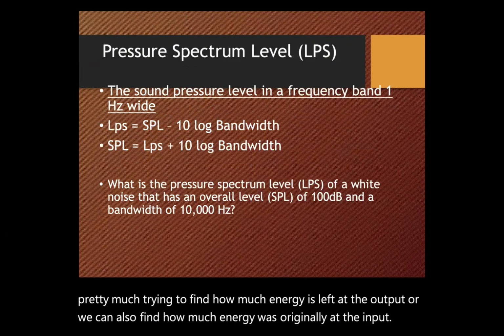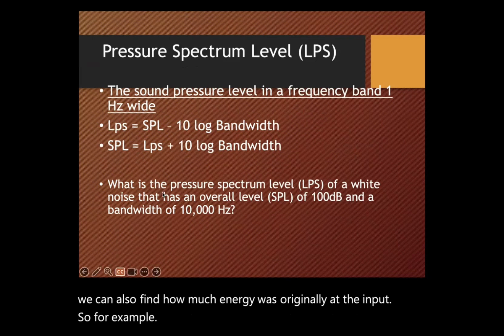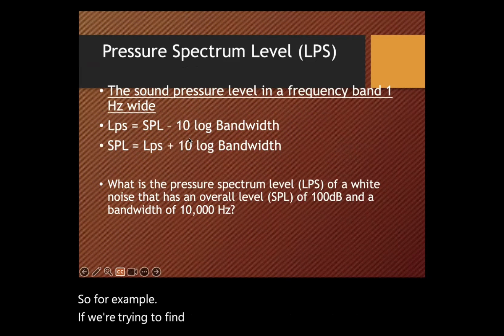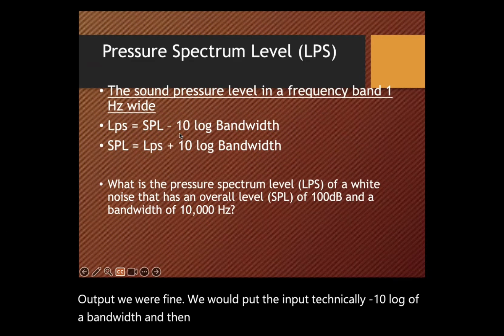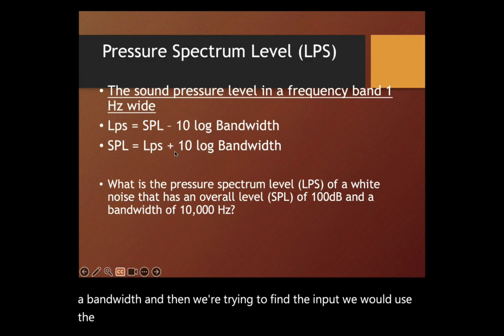If we're trying to find the energy at the output, we take the input minus 10 log of the bandwidth. If we're trying to find the input, we use the output plus 10 log of the bandwidth.